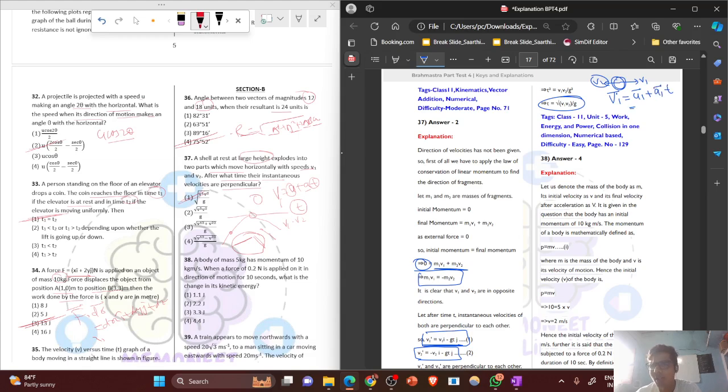U1 vector, if you are writing it, you can write in i cap or like that: u1 i cap minus g t k cap. So similarly V2 you can write and then take the dot product of it. Then calculate t. It will come out to be this value. Now moving ahead.